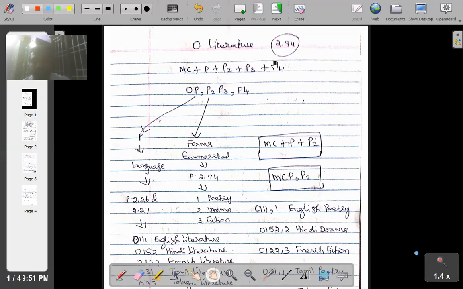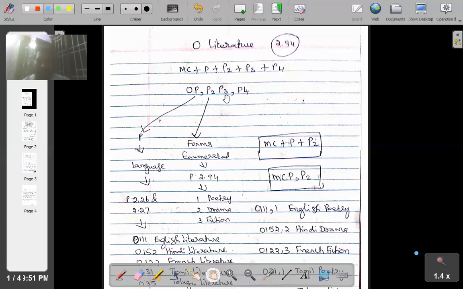Fine. And the fourth one, once the author is found out, the last one is we have to individualize, we have to identify the exact literature which is being described by you, the work contributed by that particular individual author. So these are the 4 important components required for constructing class numbers in literature.